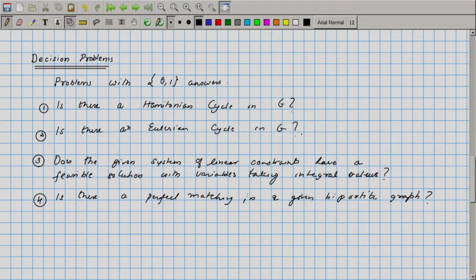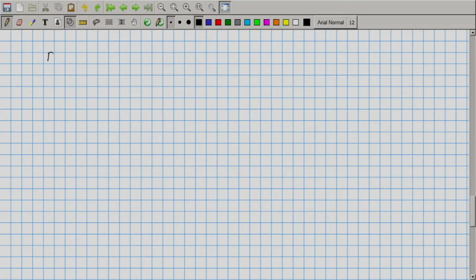These are all problems known as decision problems, and some of these decision problems have nice algorithms, and some of them are known to be a little more difficult to solve. We could say that a certain decision problem belongs to the class P, or polynomial time, if the decision problem can be answered in polynomial time.